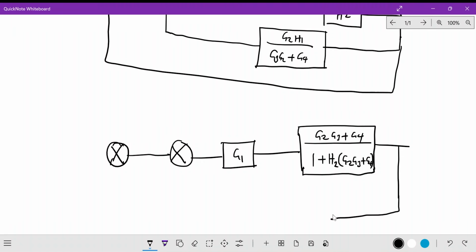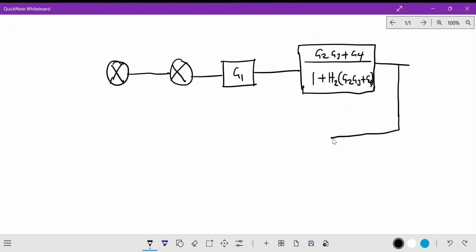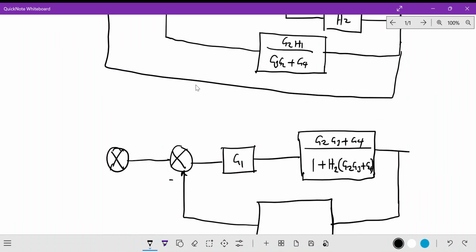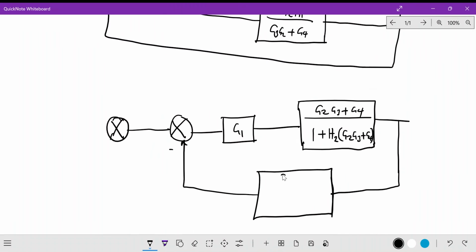And then also here you have this big block as well, which goes all the way up to here. This negative. So what do you have there? We have G2 H1 divided by G3, G2 plus G4.